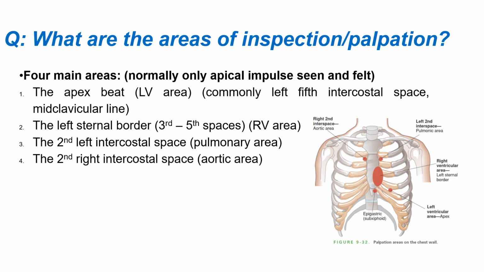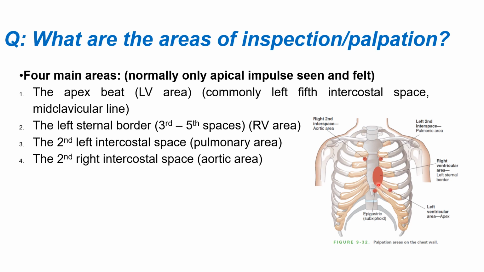The first area, which is the most important one, is the apex of the heart, or we call it the left ventricular area. Typically it's supposed to be in the left fifth intercostal space in the mid clavicular line, and we call this LV area or apex beat.